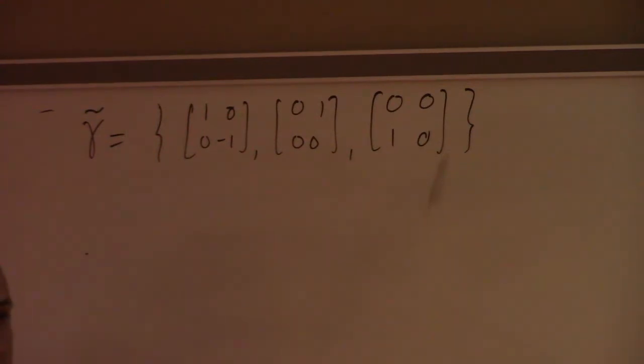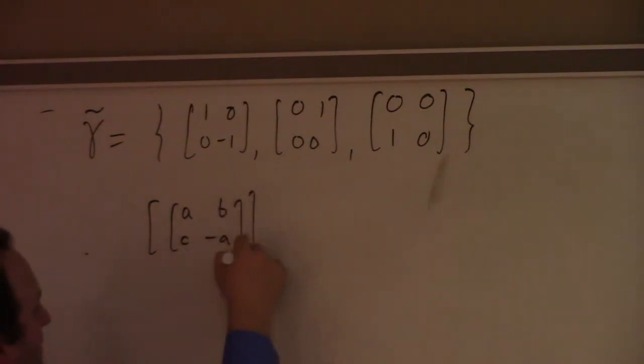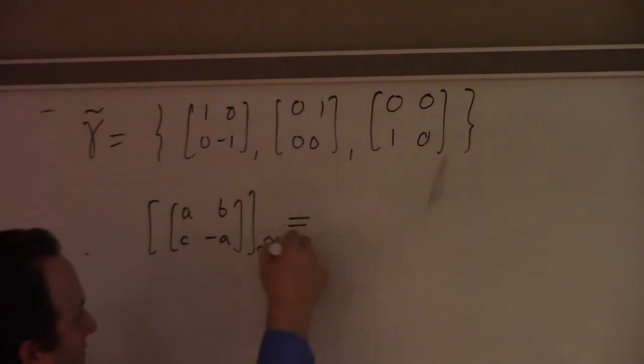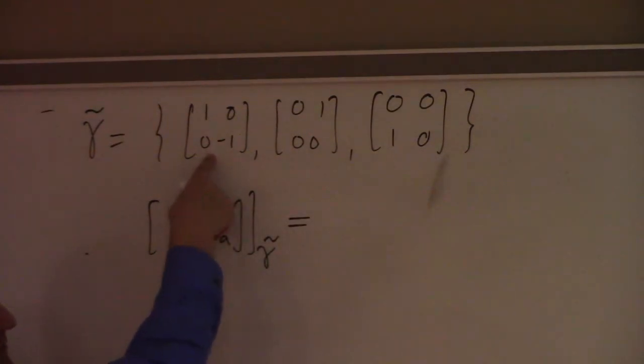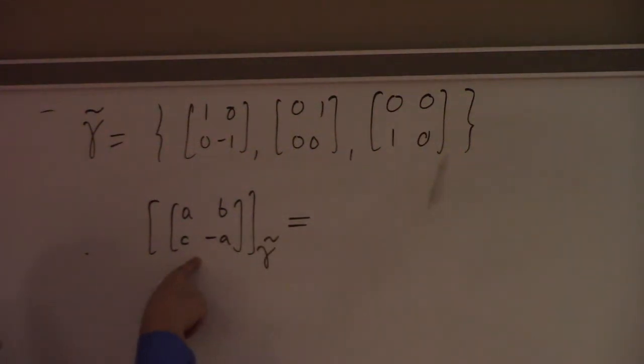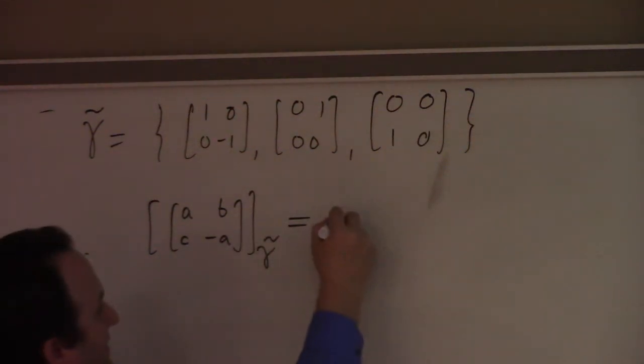So if I asked you what the coordinate vector was of A, B, C minus A with respect to the gamma tilde basis, the answer is I need A of these, plus B of those, plus C of those to get back that vector. So the coordinate vector is just A, B, C.